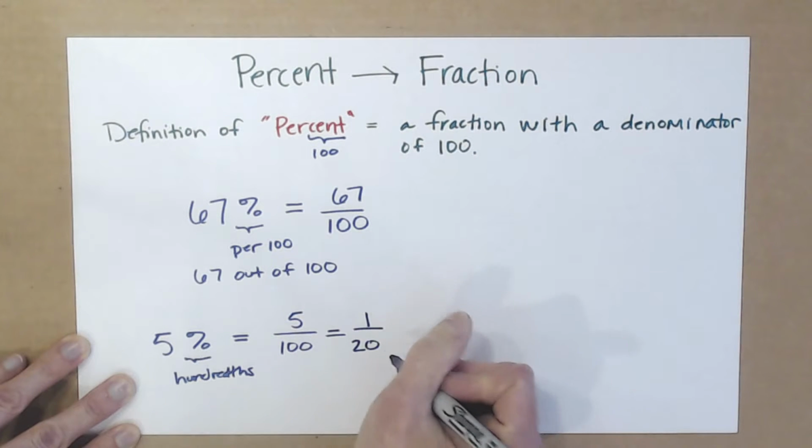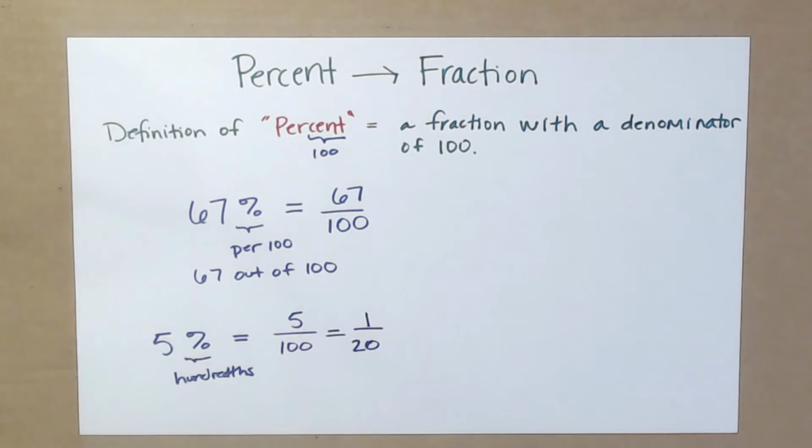The questions that I have on the sprints should be fairly easy to simplify, and I'm just doing that because I want you to start recognizing some very common factors. 5 goes into 100 20 times. So I want you to start just knowing how to divide by some of those common factors and simplifying in your head. So this one would be 1/20th.